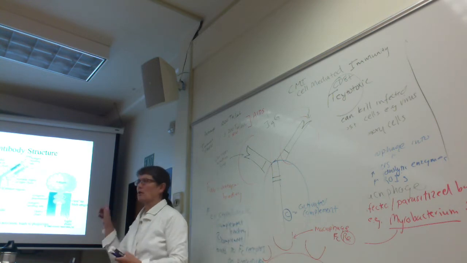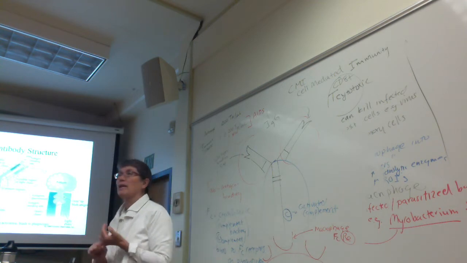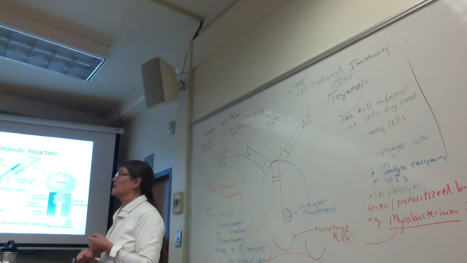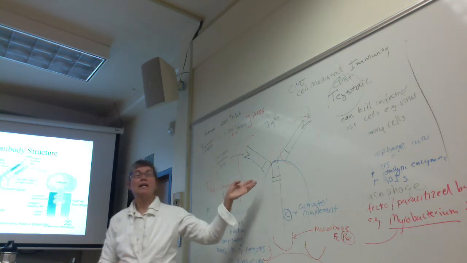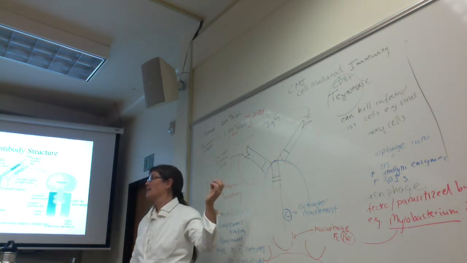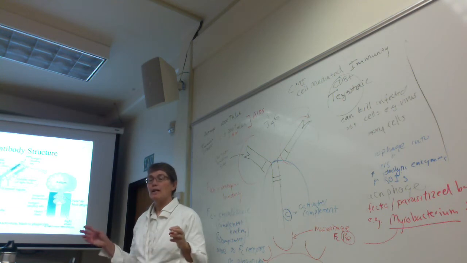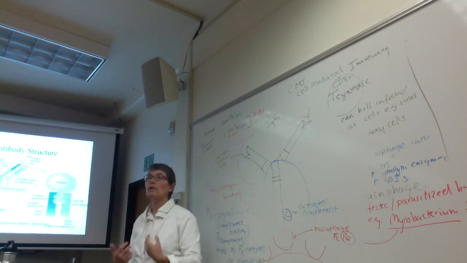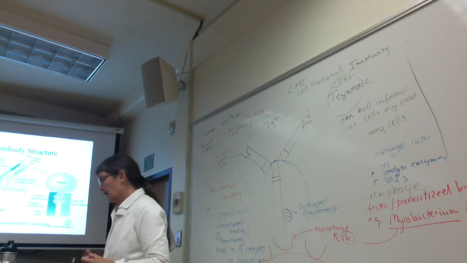If I ask you what opsonins are, remember that complement can act as an opsonin, and who else can? Antibodies can, coating the invading pathogen, and then the phagocytes can bind to those opsonins and really increase the rate of phagocytic killing.